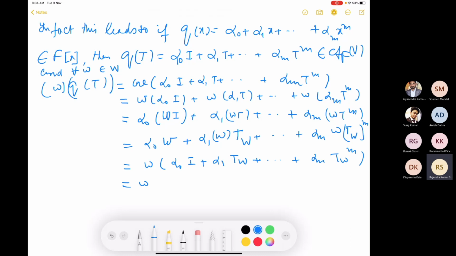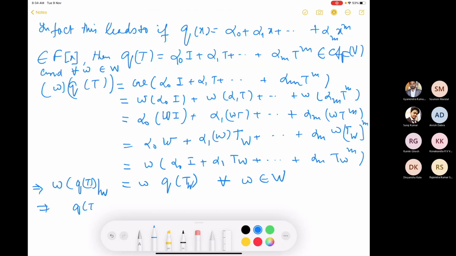So this is w q(T_W), and this holds for all w in W. So that makes the polynomial q(T) restricted to W the same as the polynomial in T_W.